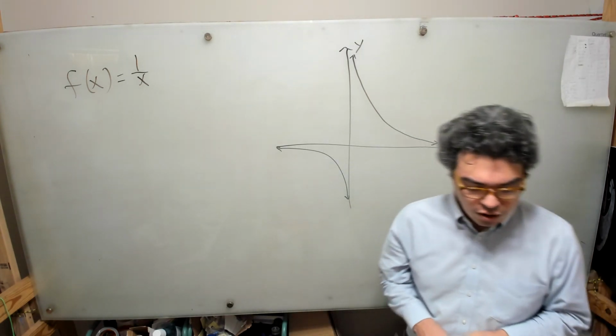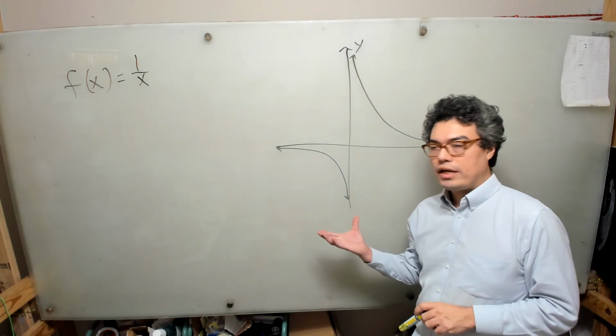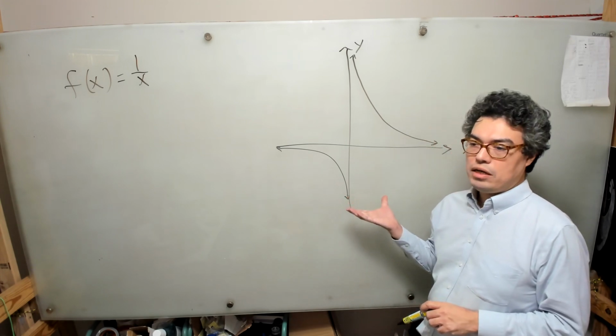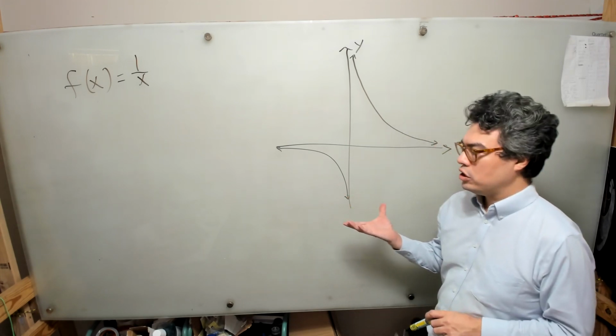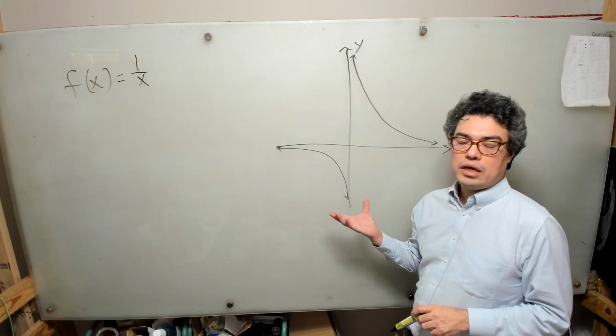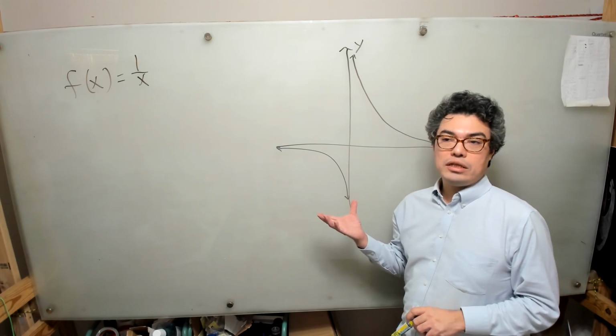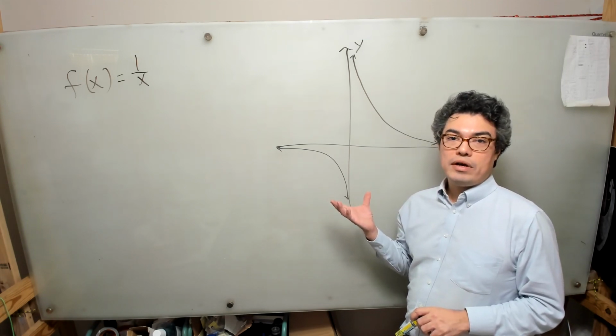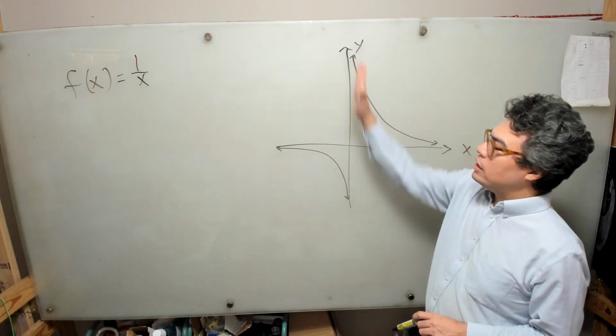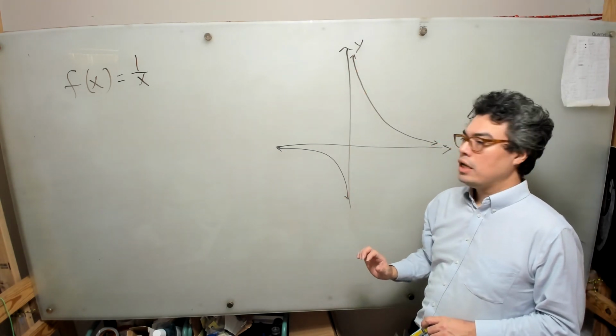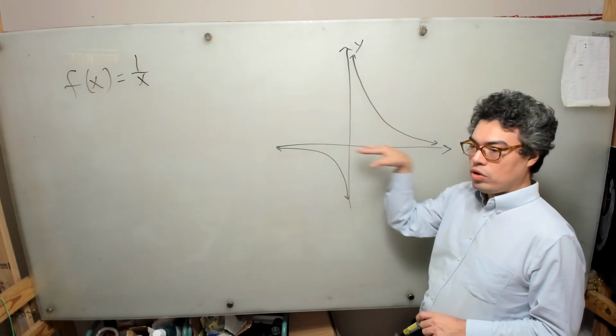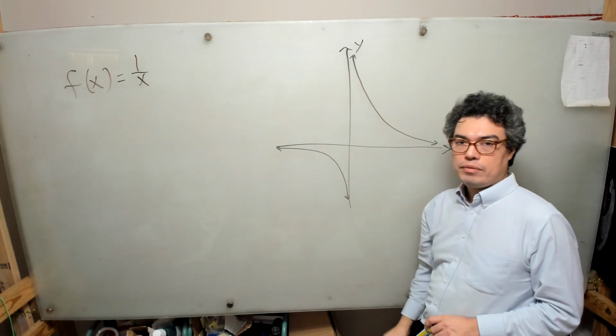Now, this kind of behavior, which we can recognize from rational functions, and this being one of the most simple examples of rational functions, is described in the form of an asymptote. We say that this is a vertical asymptote because of the behavior I just mentioned. And we say that this is a horizontal asymptote also for the behavior I just mentioned.